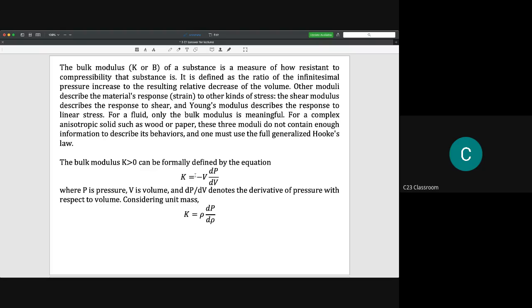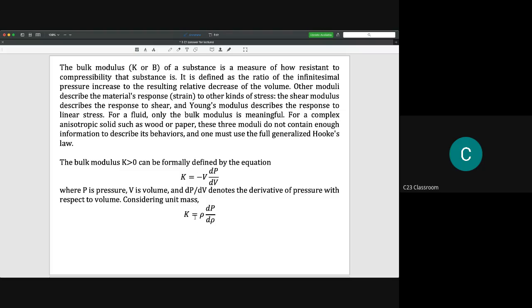To make sure it can be deformed, the value of K is greater than 0. From the textbook we could use K equals minus V dp/dV, where p is the pressure, V is the volume, and dp/dV denotes the derivative of pressure with respect to volume.